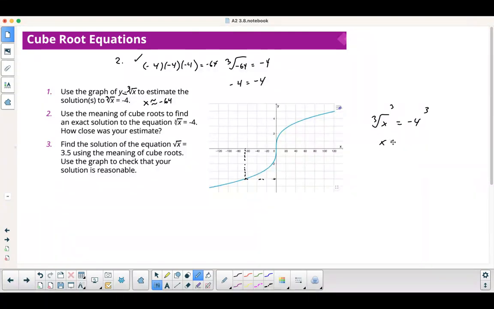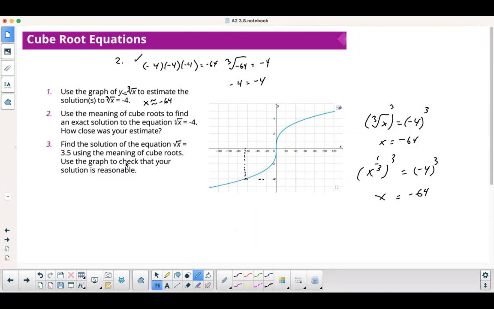So I'm just going to have x equals negative 4 cubed, which is negative 64. If you want to think of the cube root of x as x to the 1/3, you could do that also. When I cube the 1/3, I multiply my powers, so I just get x, and that equals negative 64.